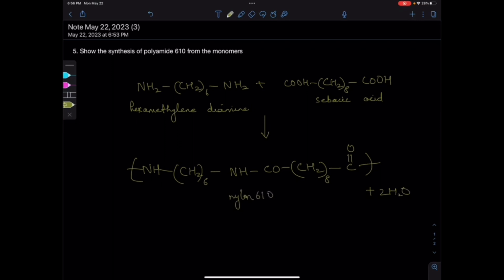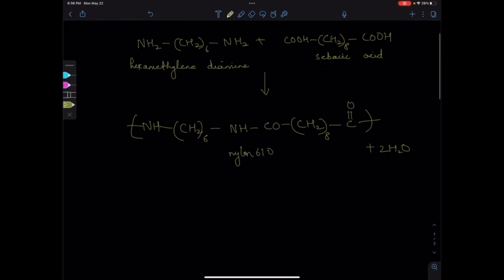Instead of the acid, one could also use the acid chloride.